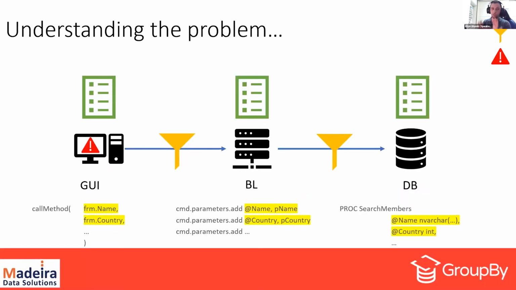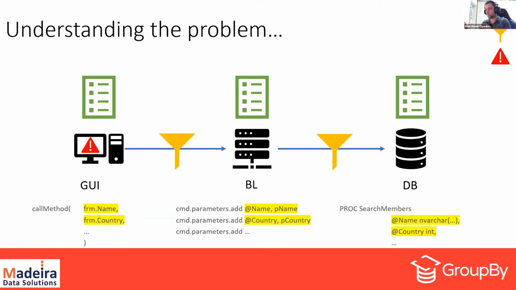Okay, so let's look at our layers now. Our layers are, as I said, the graphical interface, the business logic, and the database. At the graphical interface, there will be some kind of function, like a method or some sort of call, that would trigger the business logic. So we need to pass the parameters provided by the user over to the business logic.